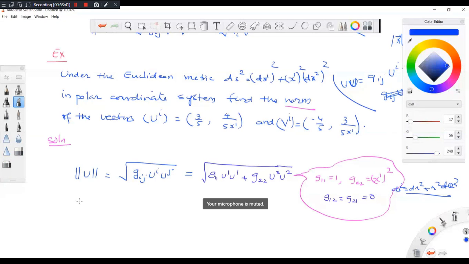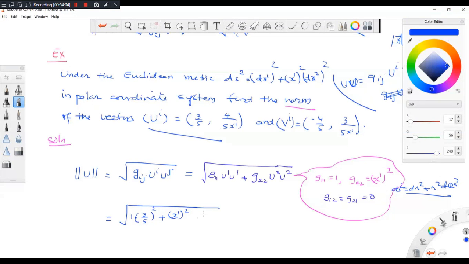Now substitute the values. g11 is 1, u1 is 3 by 5, so the whole square, plus g22 is x1 square into u2, where u2 is 4 by 5x1, whole square.